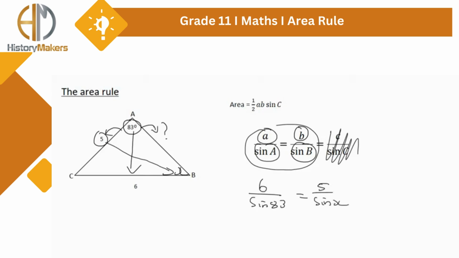Then something I didn't mention in the previous video on the sin rule is that you can switch this around completely, but then you must switch both sides around. So you can go sin 83 over 6 equals sin x over 5. Now the reason that works nicely is because now the sin x, or the x, is at the top. We're now going to multiply both sides by 5, because what you do to the one side, you do to the other. The reason we do that is so that these could cancel over here.